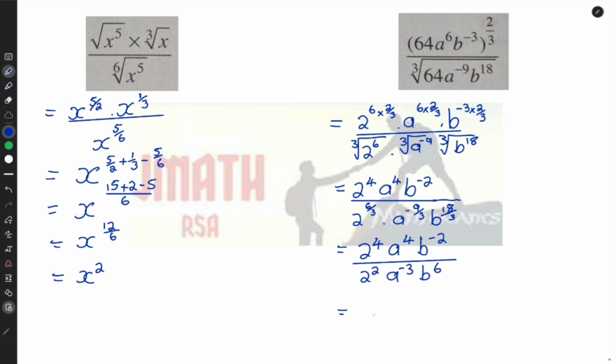Okay, I am going to move the negative exponents and simplify the rest. If I look at the 2's, it's 2 to the power 4 minus 2. A to the power 4 stays where it is. A to the power minus 3 moves up and becomes a positive exponent. B to the power 6 stays at the bottom, but b squared moves down. Then my final answer is going to be 4a to the power 7 over b to the power 8.